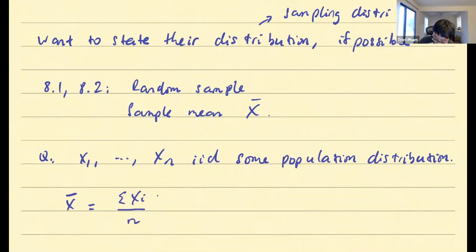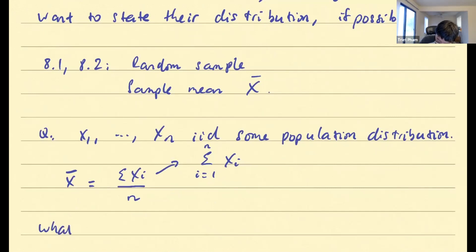By the way, again, I will just remind you, when I write the sum without saying anything, it's a sum from 1 to n. What can we say about X bar? Obviously as a random variable.